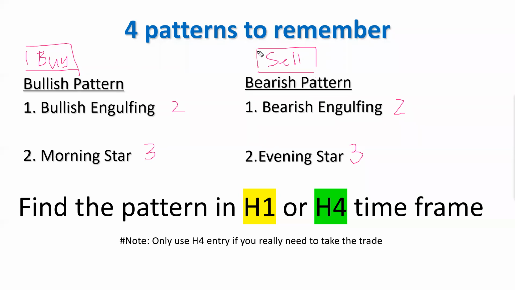Now, I have also received a lot of questions about these patterns. Should I use it on H1 or on H4? The answer is very simple. If you want to keep risk low, you attempt it all on H1. H4 is only when you absolutely need to take the trade, for example, when every single high is a possible last high, or every single low is a possible last low.